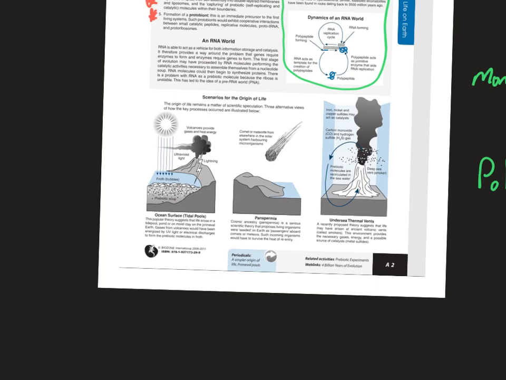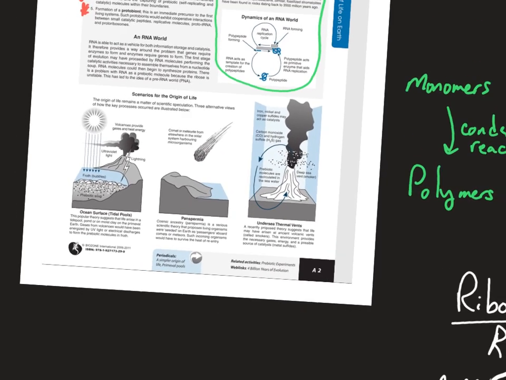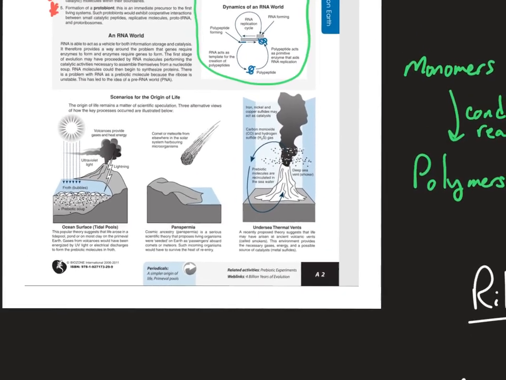Another concept is that maybe a comet or an asteroid just brought life to Earth. Maybe the life actually started on some other planet, and some bacteria or some kind of microorganism was brought to Earth by some comet or meteor. The third concept is these volcanic vents deep in the ocean.